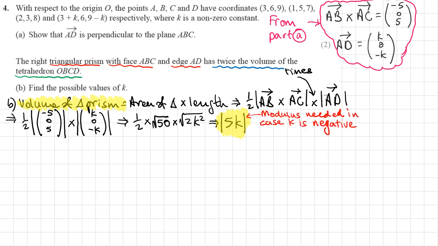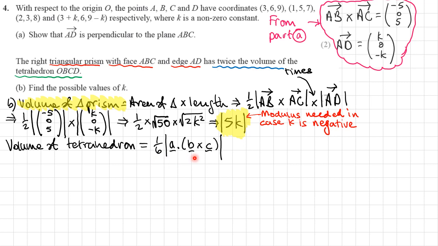Okay, let's now move on to the volume of the tetrahedron. That is given by 1/6 of the modulus of the triple scalar product.